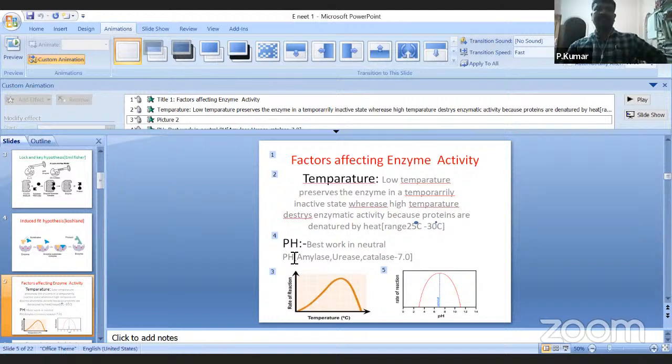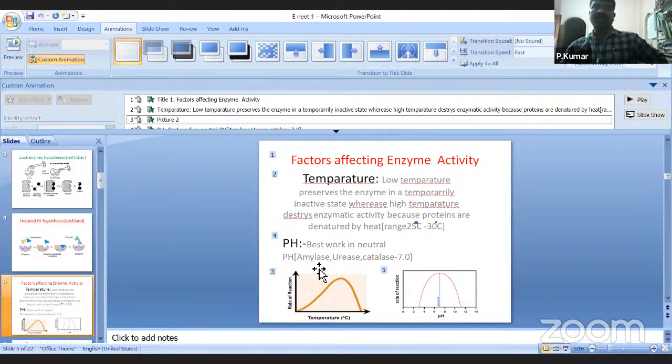The next one you are observing is pH. Enzymes work best in a neutral pH. Different kinds of enzymes show different pH optima. Here you are observing that as the pH value increases, the rate of reaction also increases.